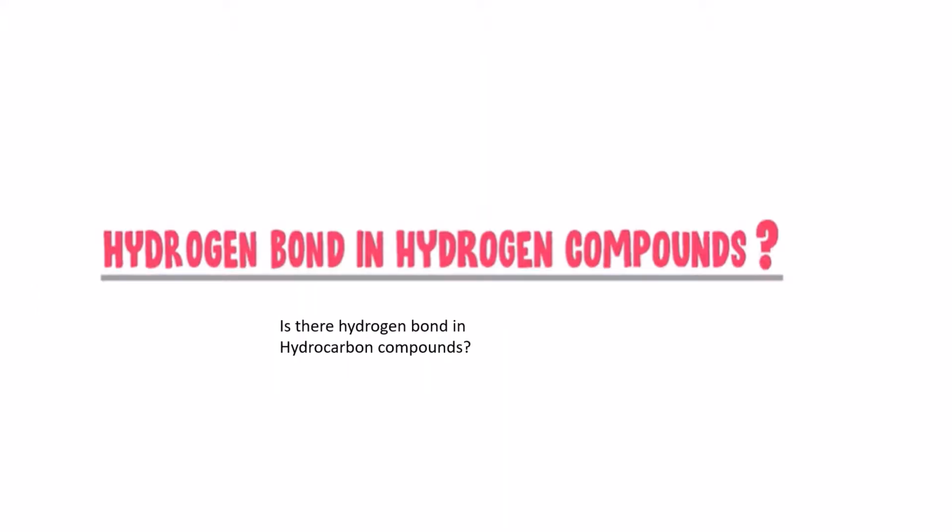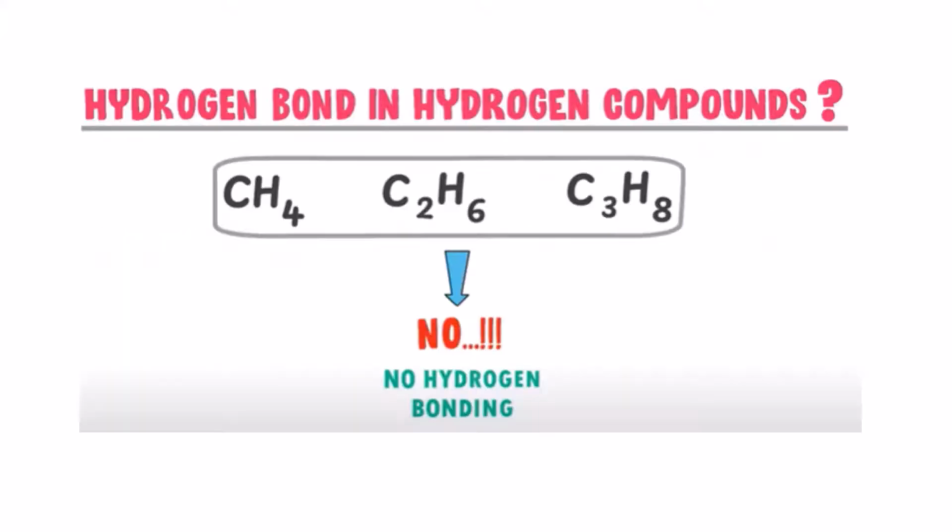Is there hydrogen bond in hydrocarbon compounds like methane, ethane, and propane? The answer is no. No hydrogen bond in hydrocarbon compounds.